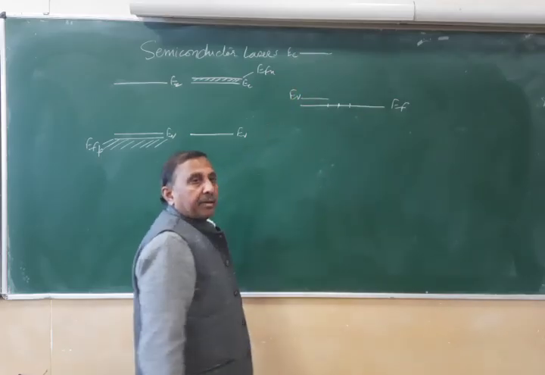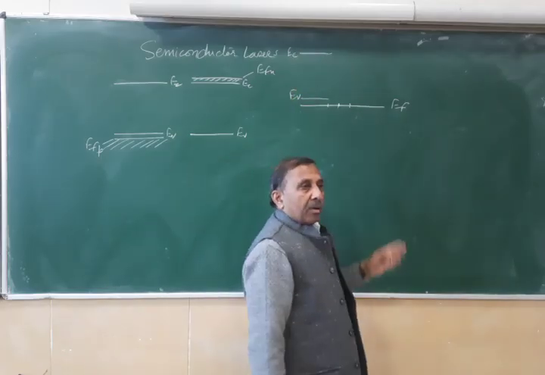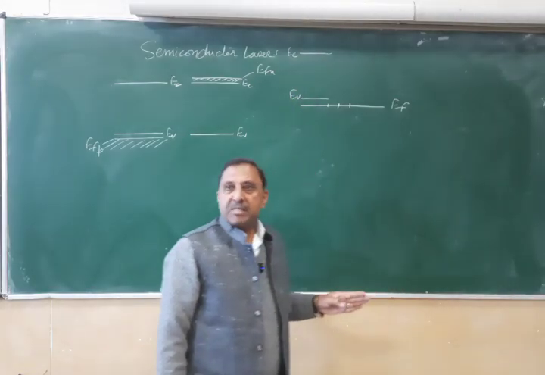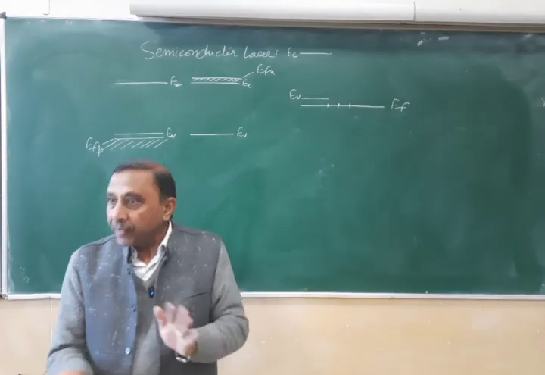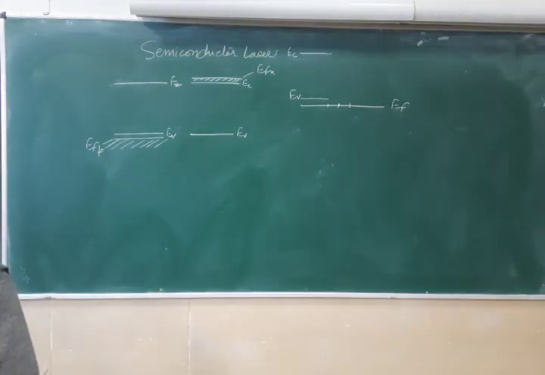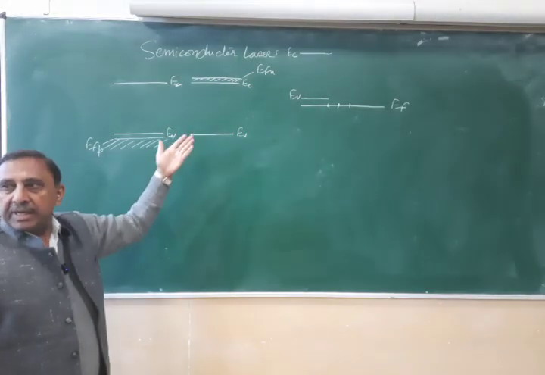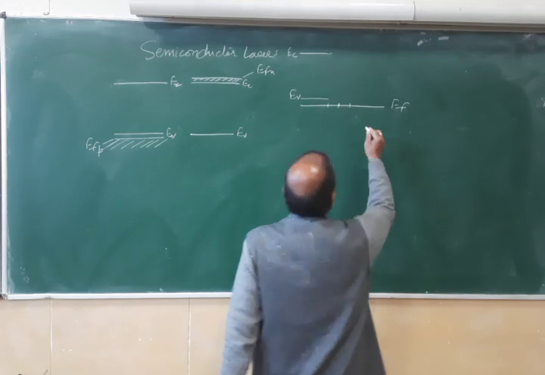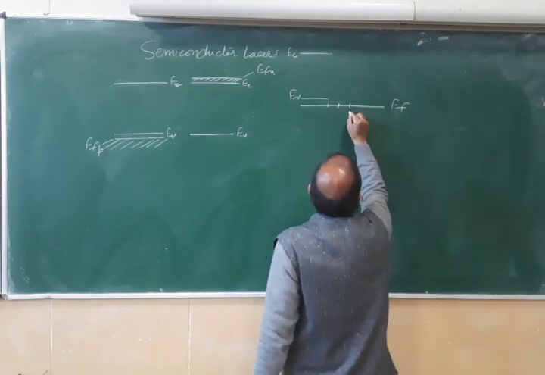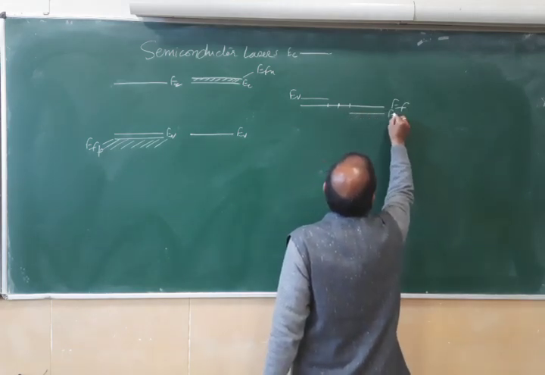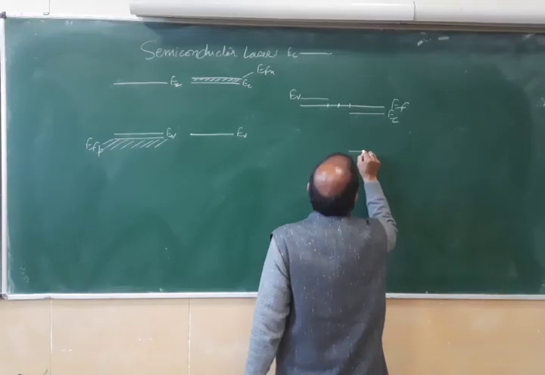EC. Now you draw the conduction band and valence band on the N side, from where no electron has shifted to the P side. And that situation is the initial situation. So, here you will have EC here and EG down.